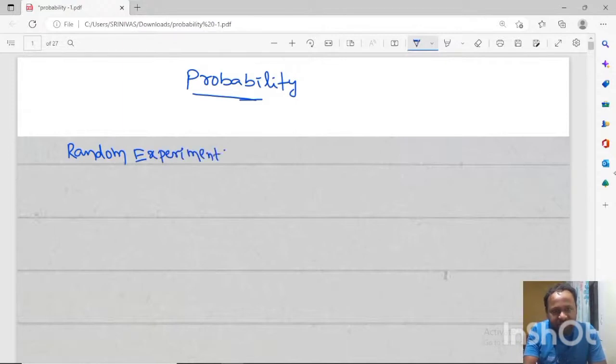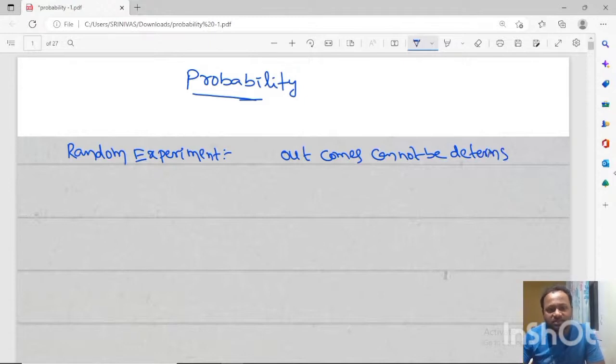Random experiment is nothing but an experiment in which outcomes cannot be determined. So we should not expect outcomes. Then only we can say that experiment is called random experiment.